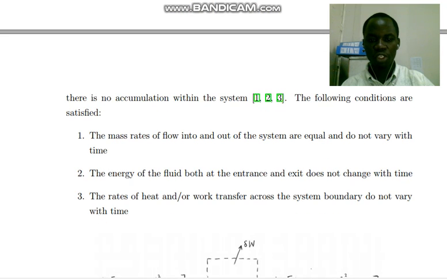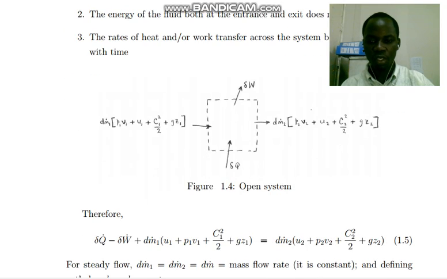The first condition is that the mass rates of flow into and out of the system are equal and do not vary with time. The energy of the fluid both at the entrance and exit does not change with time. The rates of heat and or work transfer across the system boundary do not vary with time.